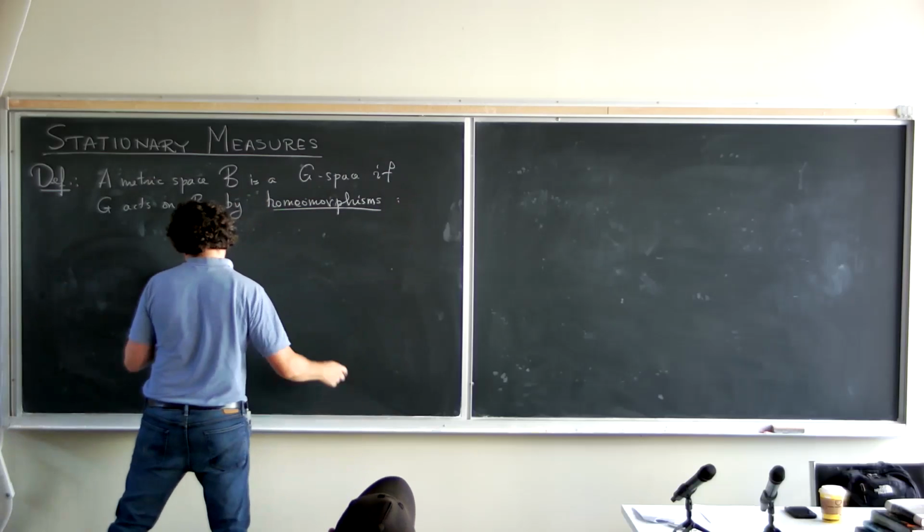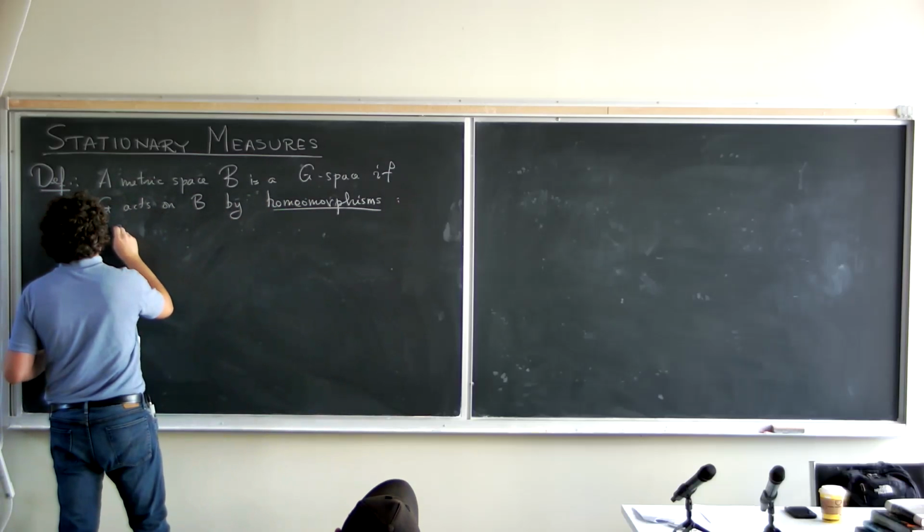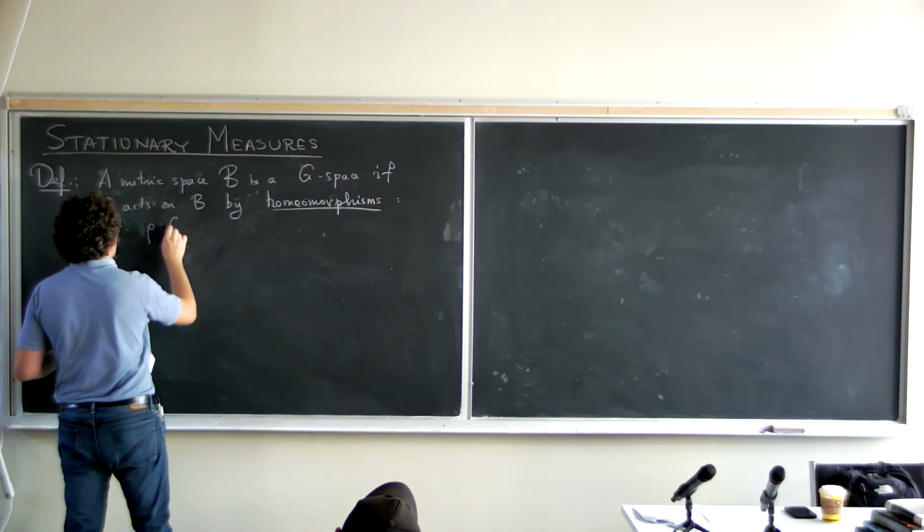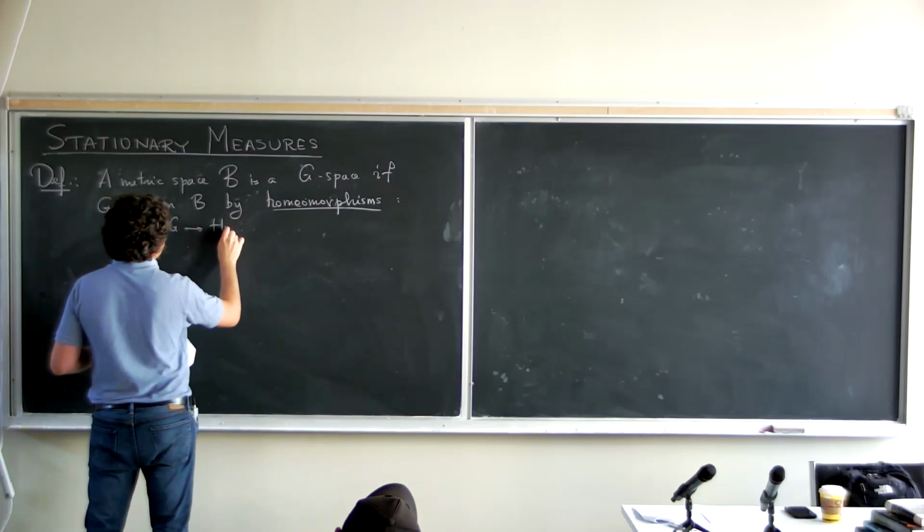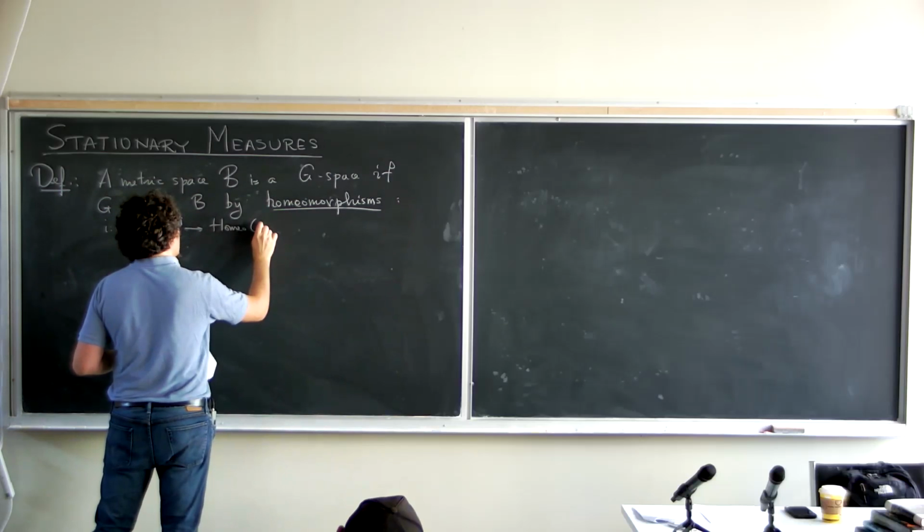So of course there is a homomorphism from G to the homeomorphisms of B.